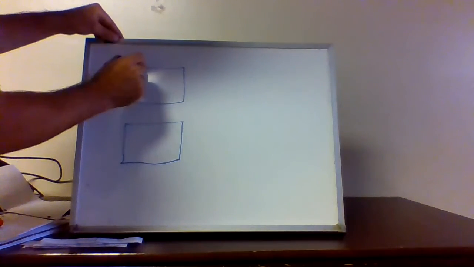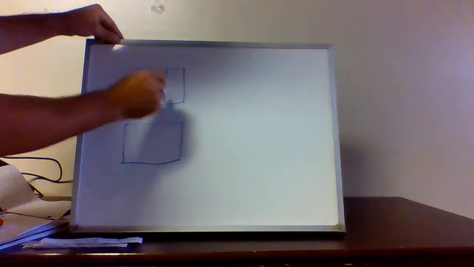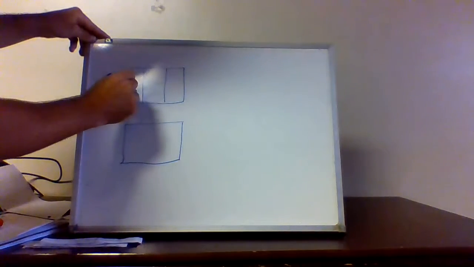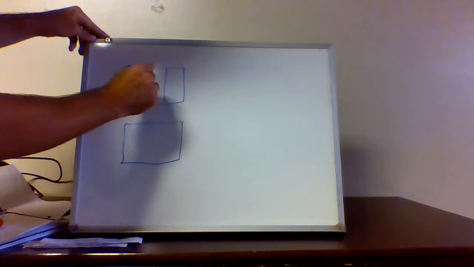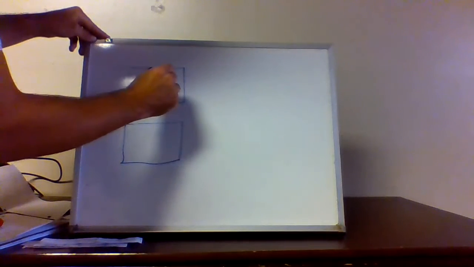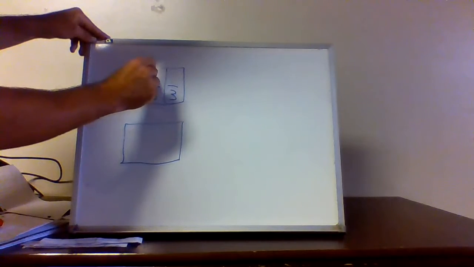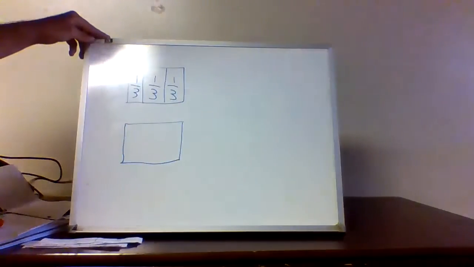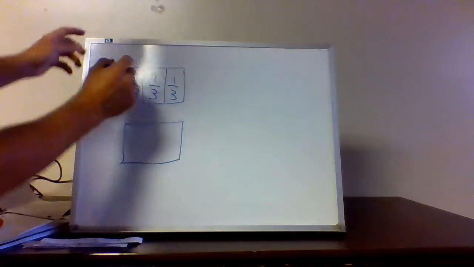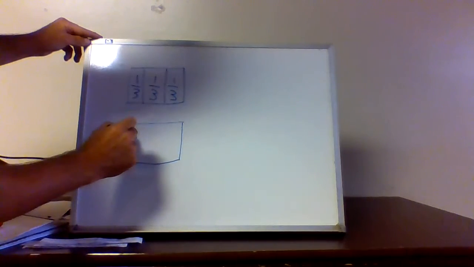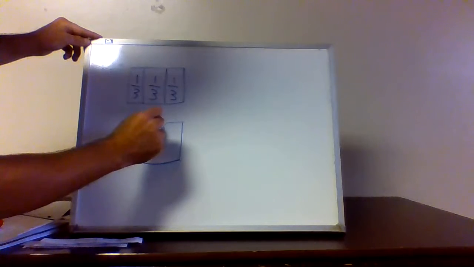So let's divide this first one up into thirds. So again, we're going to label the denominator how many units we divided the figure into, and each one's going to represent one equal unit. And then on the bottom here, let's shade it on the bottom here, we're going to divide it up into 3 units.